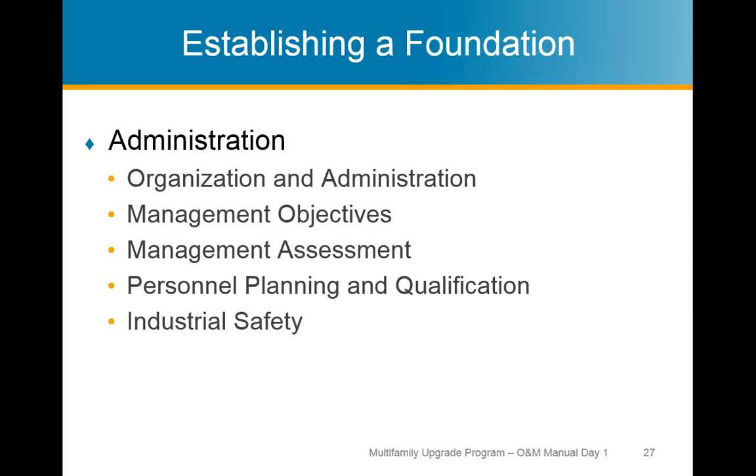So don't skimp on the personnel where it really matters. And last but not least, safety. Do not sacrifice safety to achieve any of these goals. Good people, safe workspaces should be the top two priorities for any type of O&M plan that will be set in place or set in motion.